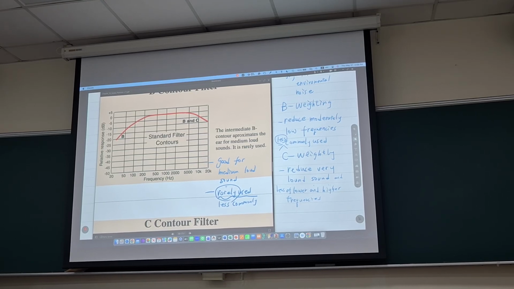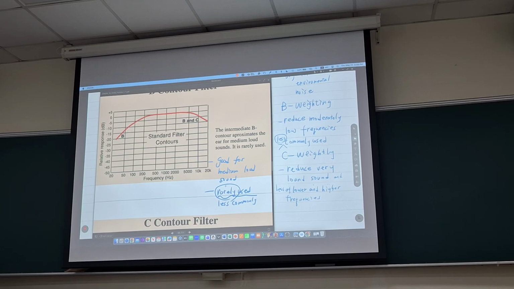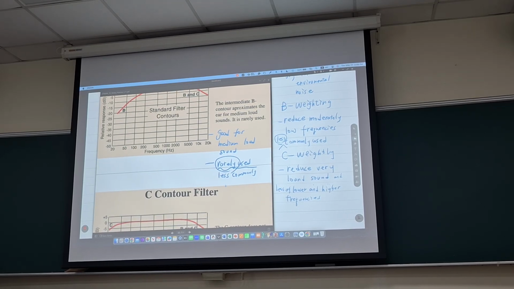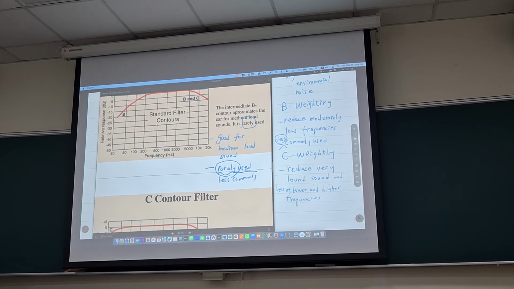If you reduce medium loud sound, the sound will become too soft, right? So we rarely use it. Understand, students? Less commonly used.